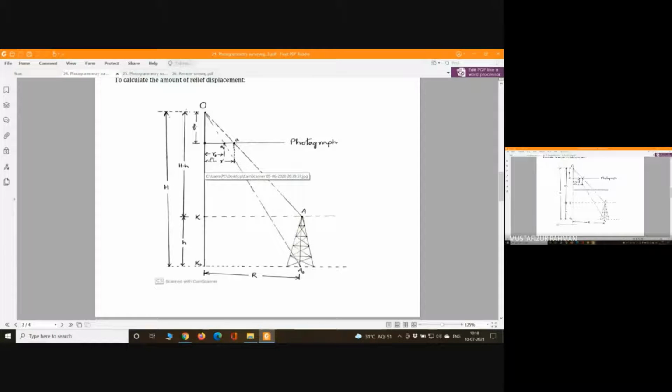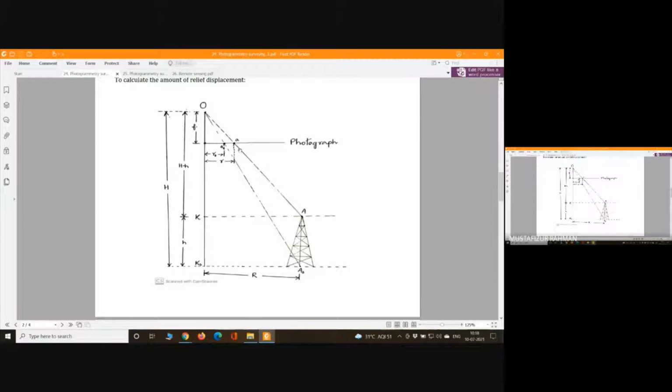So what we need actually, we need the displacement between A to A naught. That is the relief displacement. From this value, the position has been changed. So what we are trying to find out is small r and small r naught. There we can find using the principles of similar triangle. Then finally, we will write r minus r naught. That will give us the relief displacement.